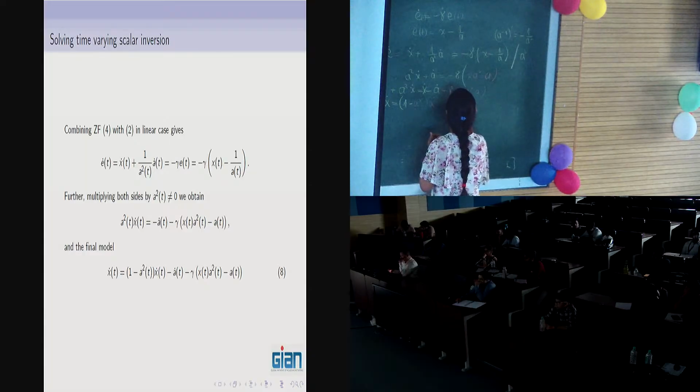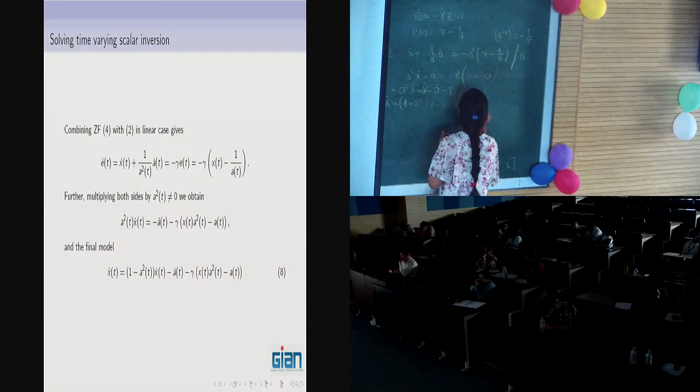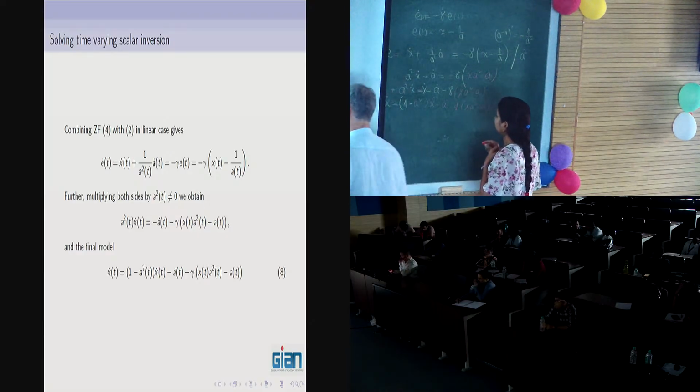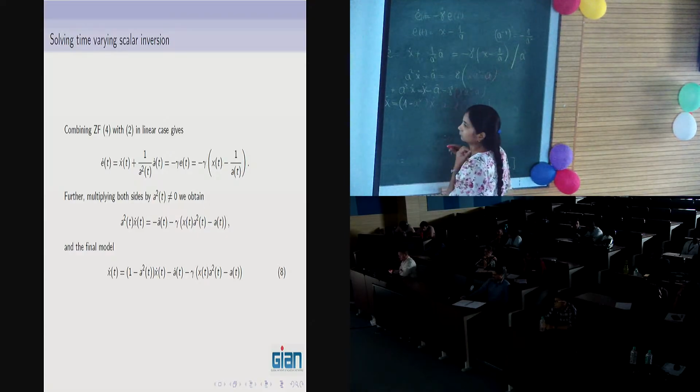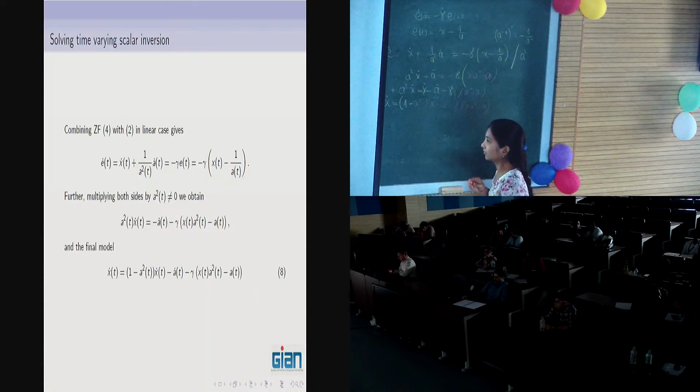Here is minus a dot, should be, it is here. It is our ZNN model.